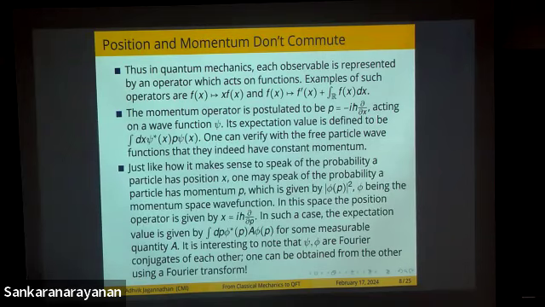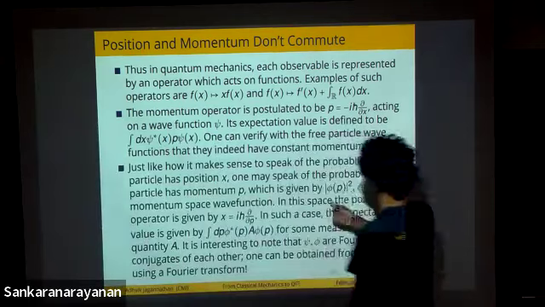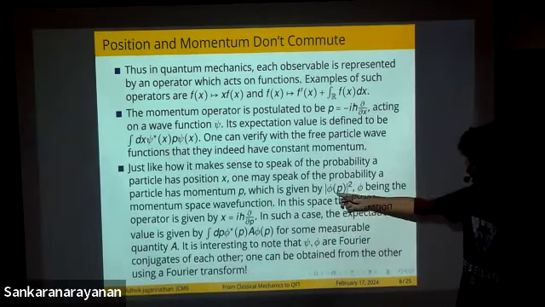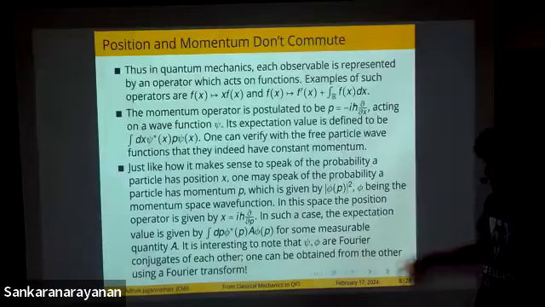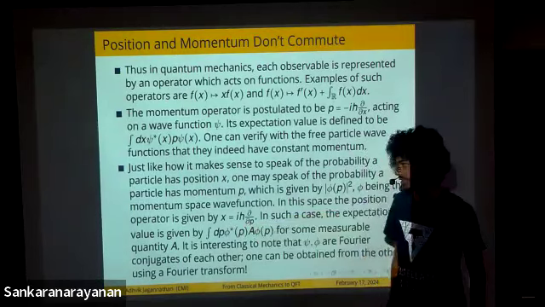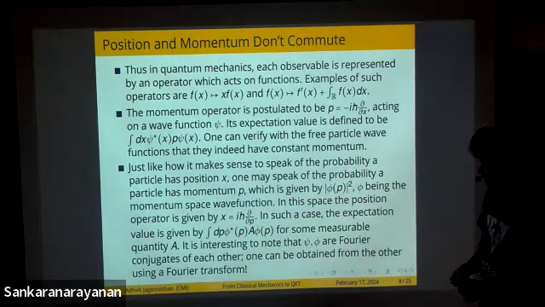Now, we've spoken of the position space wave function. Similarly, you could ask, what's the probability of a particle having momentum p? That leads you to the momentum space wave function, given by another complex valued function phi, which is a function of momentum. In this space, the position operator is given by i h bar dou by dou p.